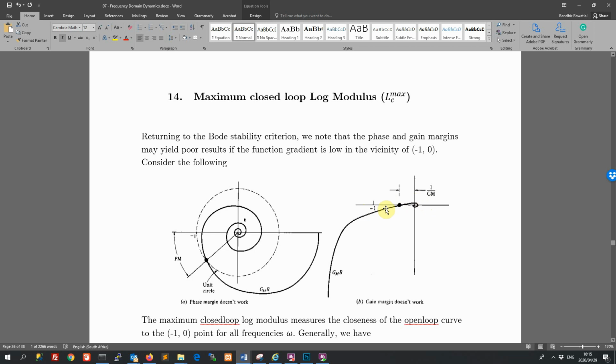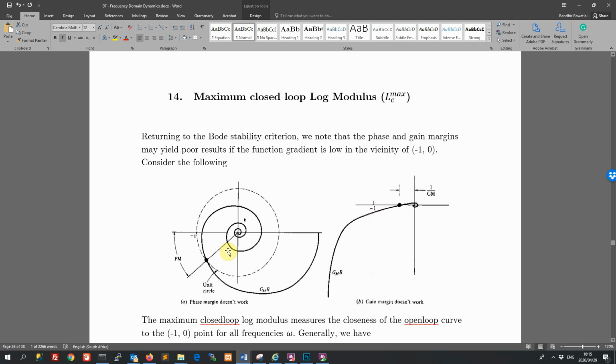So in both cases, we would be able to detect that we do in fact pass close to the unstable point if we look at both criteria. So here we should be able to detect that the phase margin is actually too small, even though the gain margin looks pretty good. And the reverse, as we said, is true here.